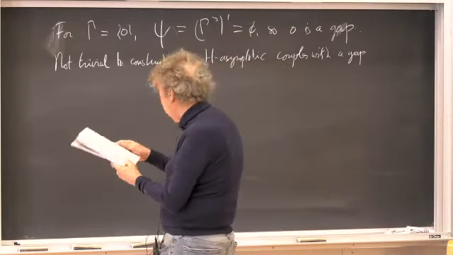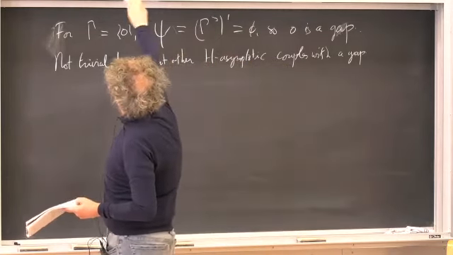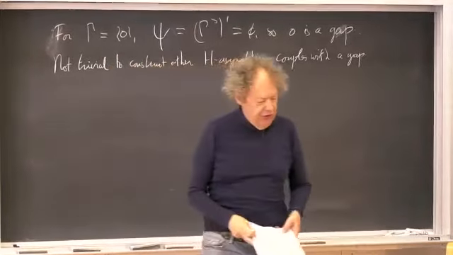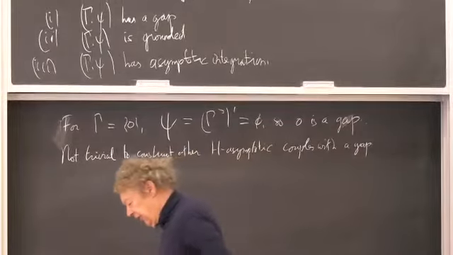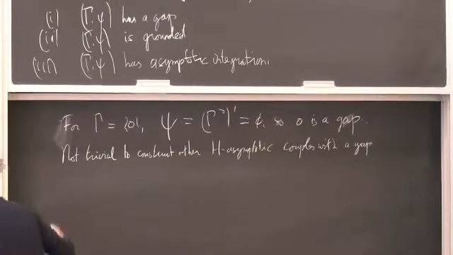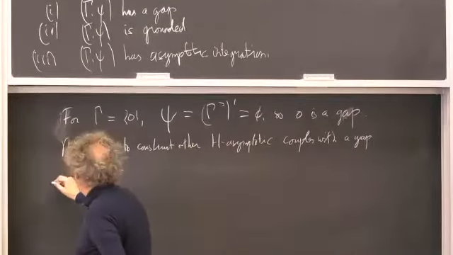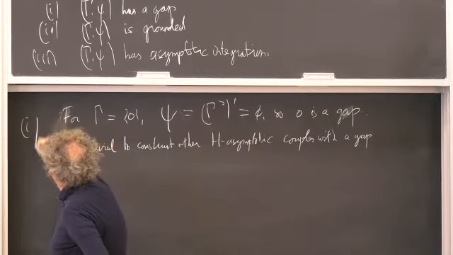Okay, the second case, grounded. This will happen if, for example, gamma has finite rank, gamma not trivial.